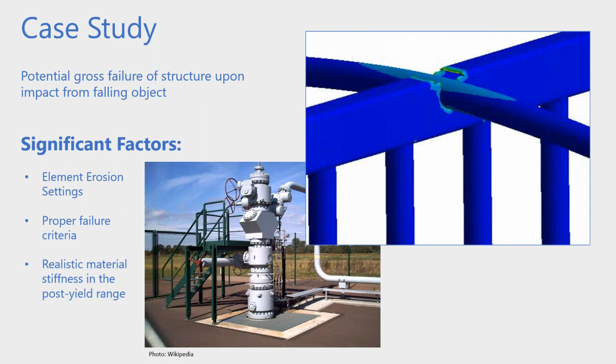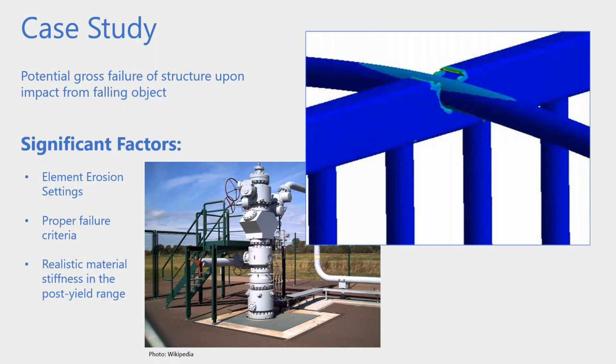And they have to design a cage that will essentially protect some of the more delicate equipment that's in use. What they couldn't tell us, or tell themselves for that matter, was how does this cage hold up if we drop something heavy on it? More specifically, are we expecting gross failure in this cage structure if, for instance, a large section of drill pipe were dropped onto it from a height of 50 feet?